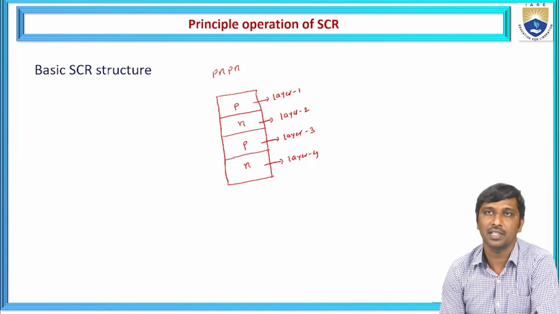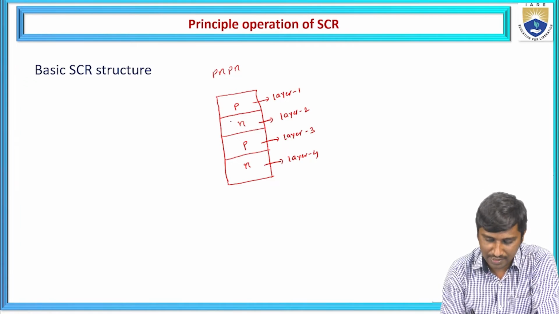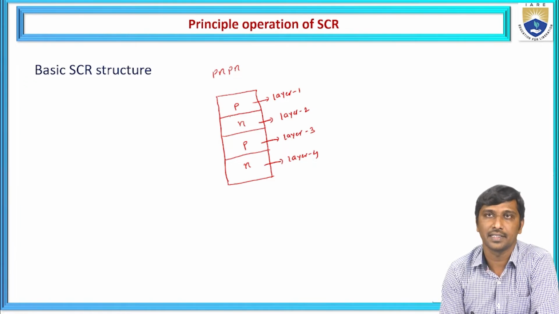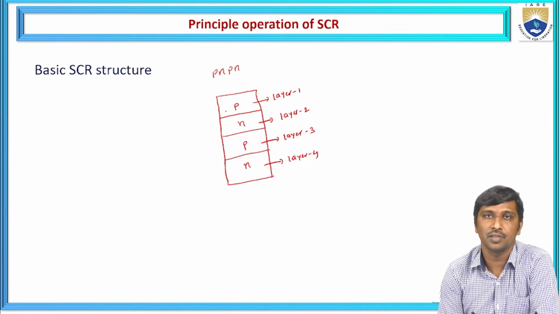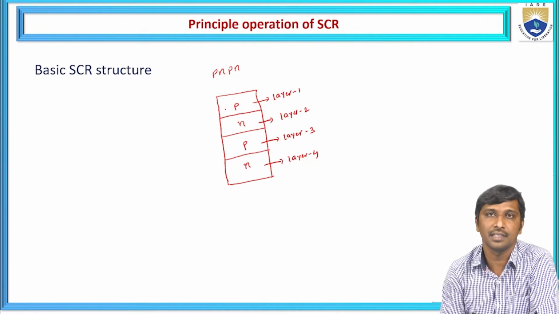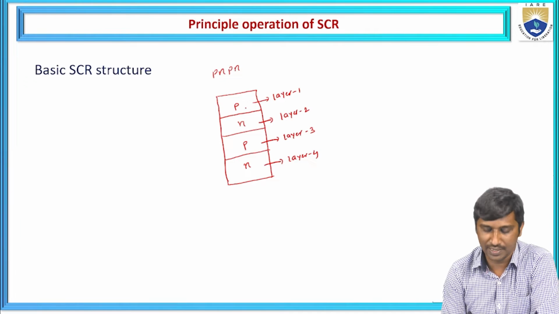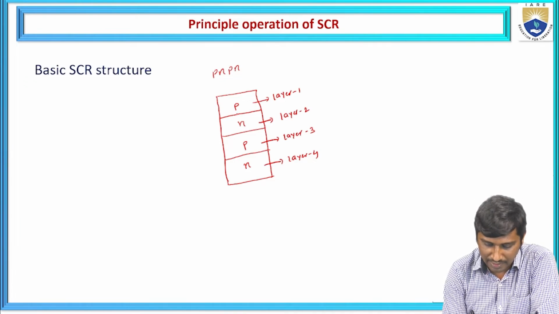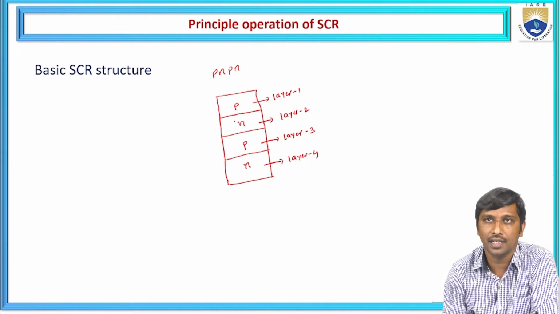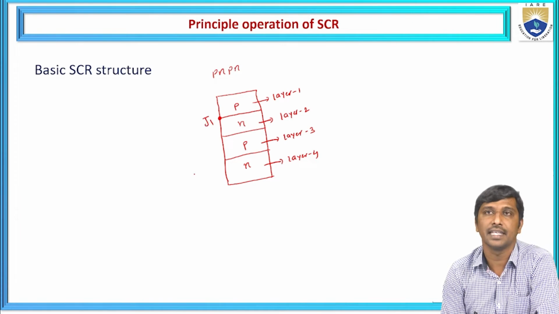Now we'll see what the 3 junctions are. A junction means the intersection of 2 different materials, like P-type and N-type material, which is nothing but the formation of a junction. So this is the intersection of the P-type material and N-type material, hence this junction is represented as J1.